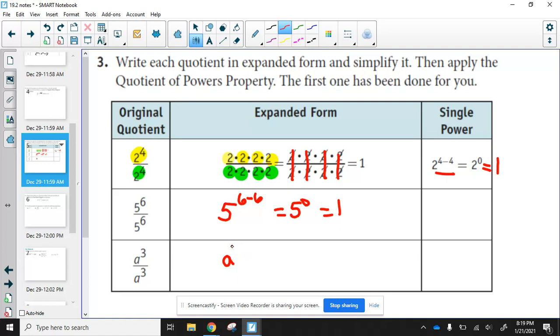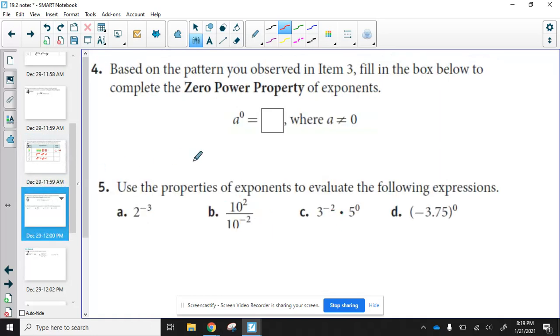So a is a like base, exponent in the numerator subtracted by exponent in the denominator, 3 minus 3 is a to the 0, which is equal to 1. So again, really easy, but you're also going to see different ones where they try to trick you. So moving on to some examples. Oh, here's just the overall rule. So a to the 0 is equal to 1.